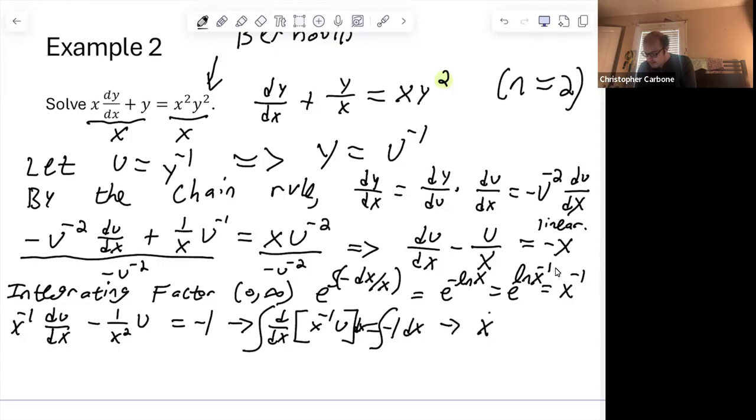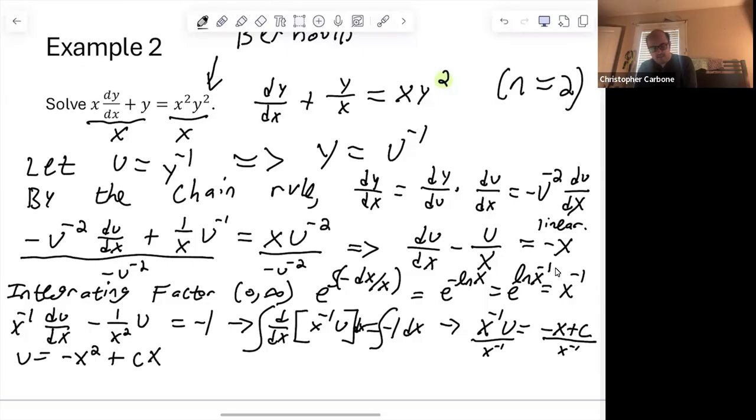So x to the negative first times u would be equal to negative x plus c. So to solve for that u, we're going to divide by that x to the negative first power. So this is the same thing then as u is equal to negative x squared plus c times x.